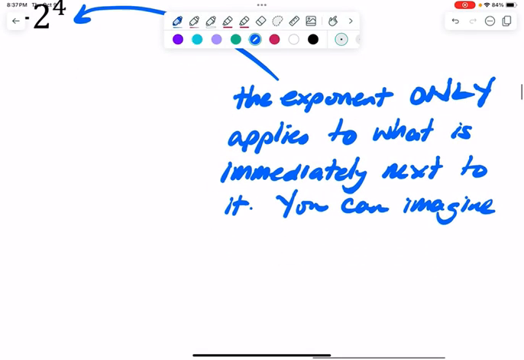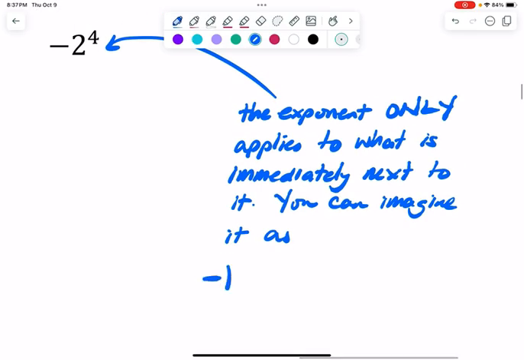You can imagine it as -1 times 2 to the power of 4 instead.